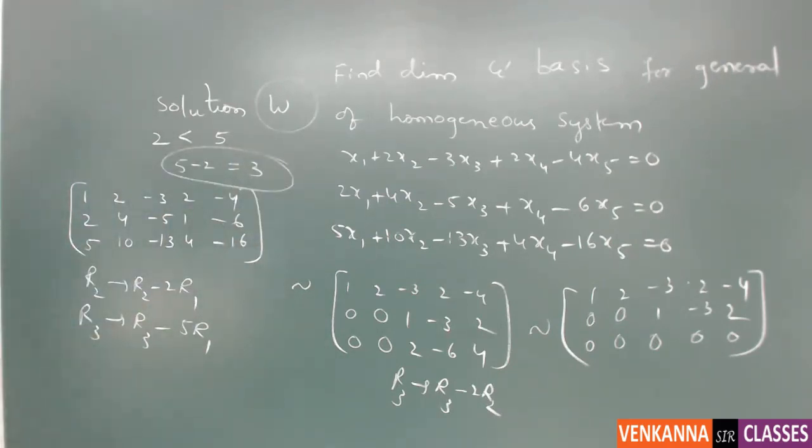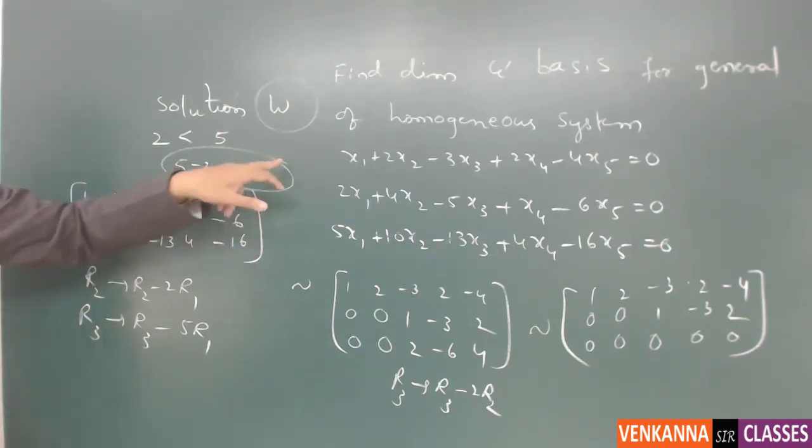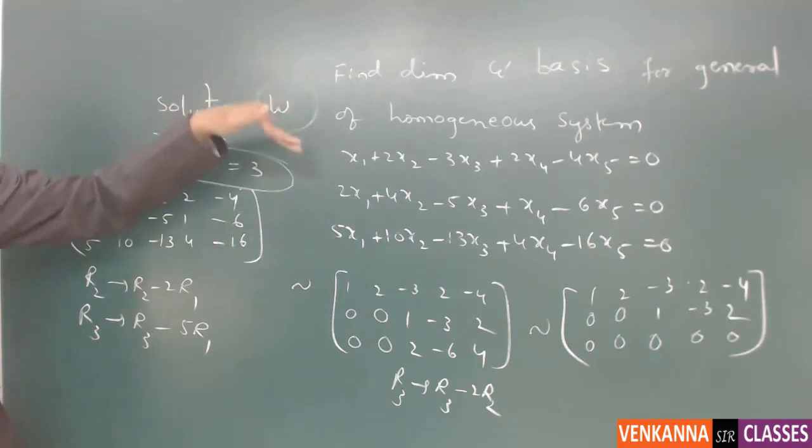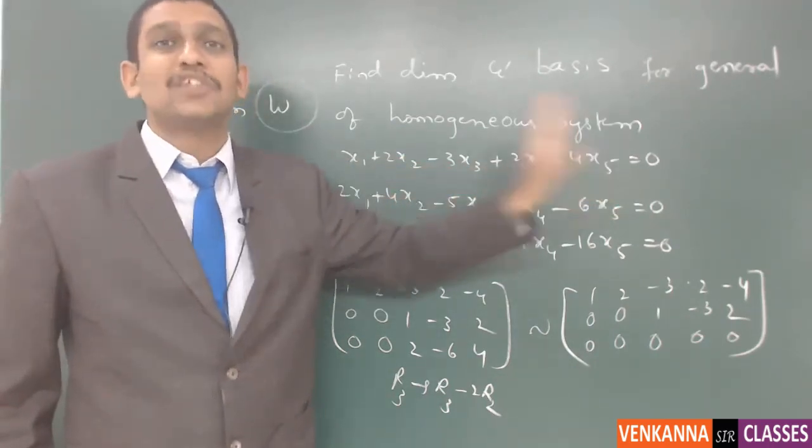So generally we need to take 3 constants here. The interesting thing, if you observe, is that whenever a set of variables is given to you, depending upon the number of independent solutions, you will take the constants from the last. So usually we need to take x3, x4, x5 as constants.